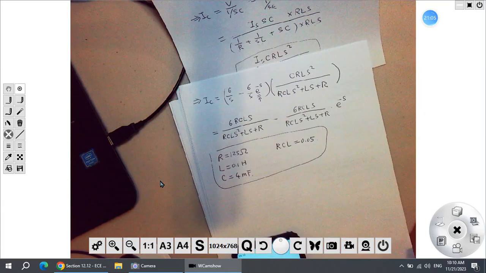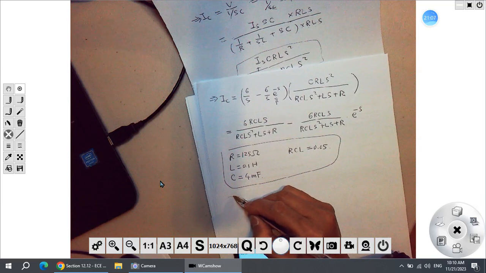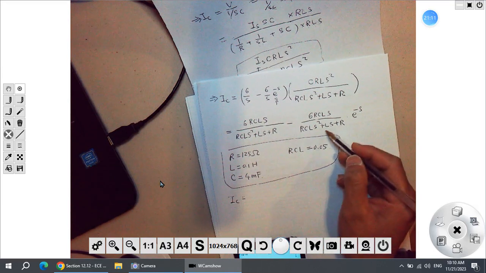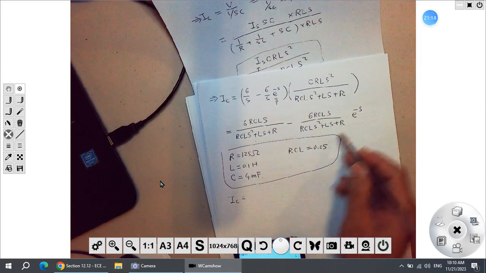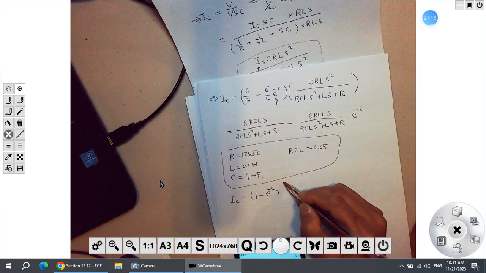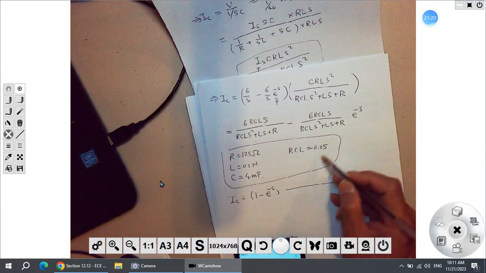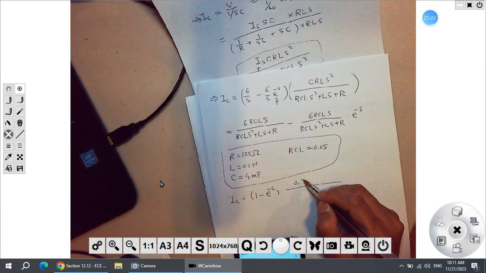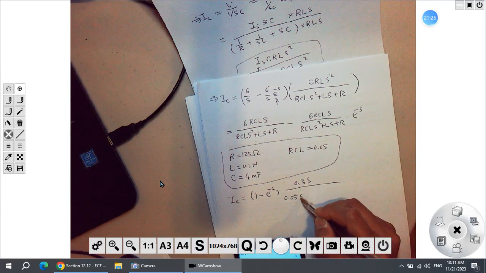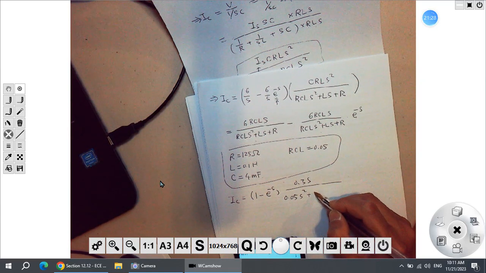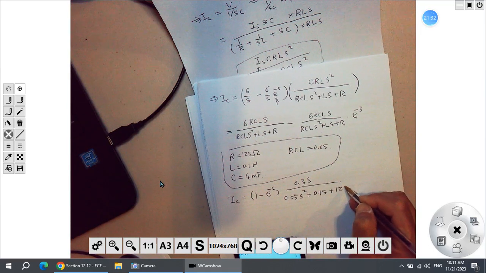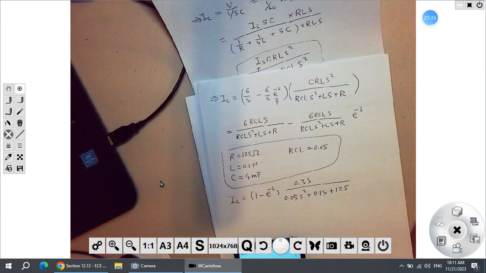And so after these, we have IC equal to, okay, I can put these two together, right? This is 1 minus e to negative s times, this is similar. This is 6 times these, I get 0.3 s. And here's 0.05 s squared plus L is 0.1 s plus R is 125. I get this. Alright.